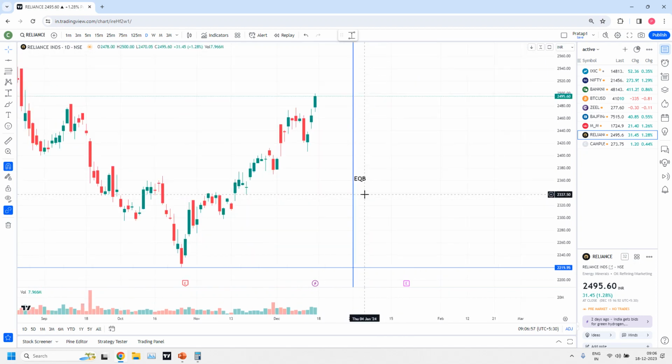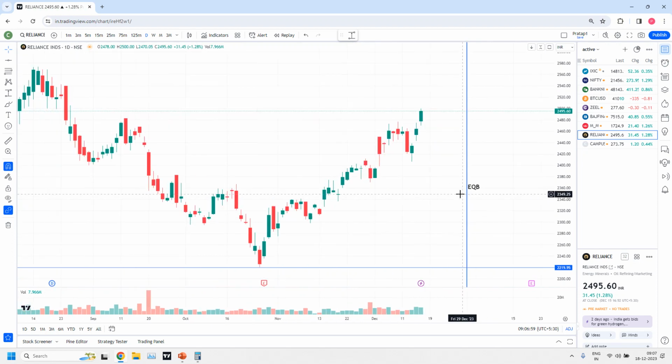So what is the nearest demand zone we have? Here we have a drop and then a base candle. After that we have a rally candle, because there is a gap between this base candle and the next candle. You add a hidden body. The moment you add the hidden body, this entire candle looks like a rally candle.